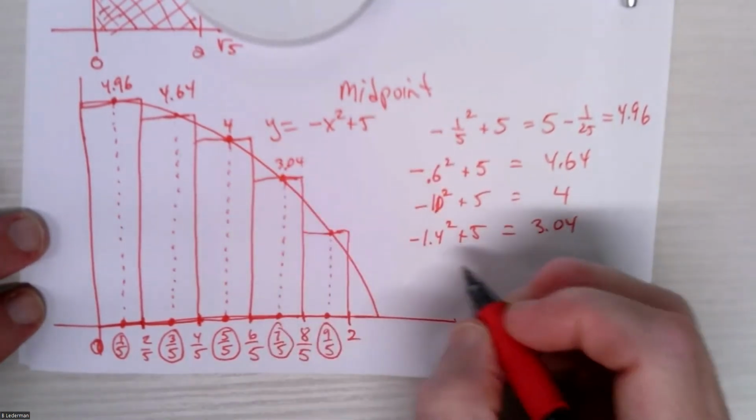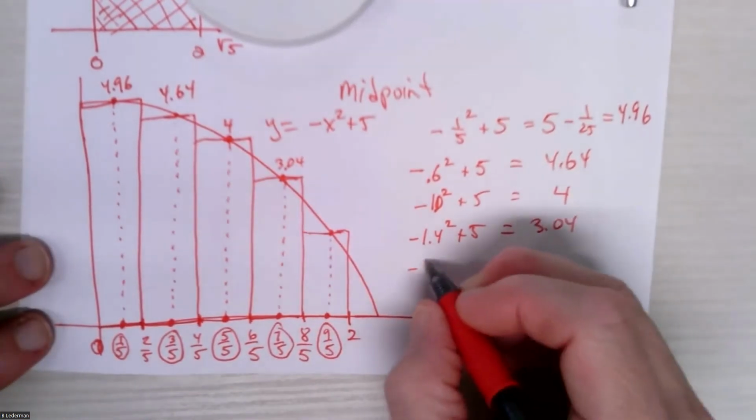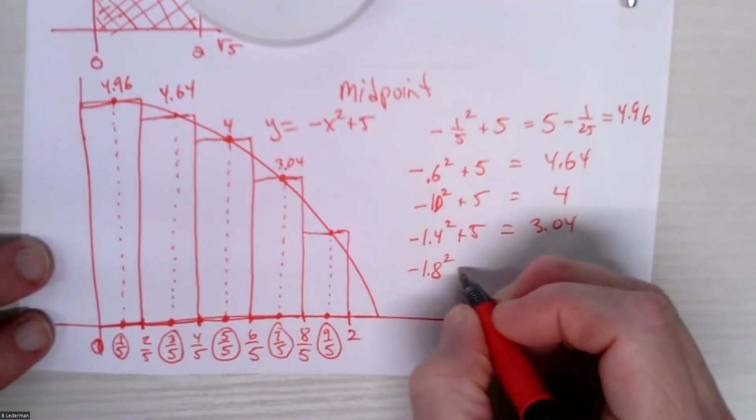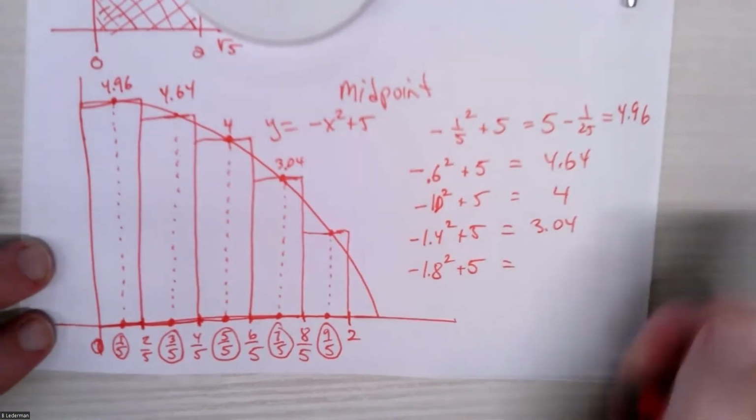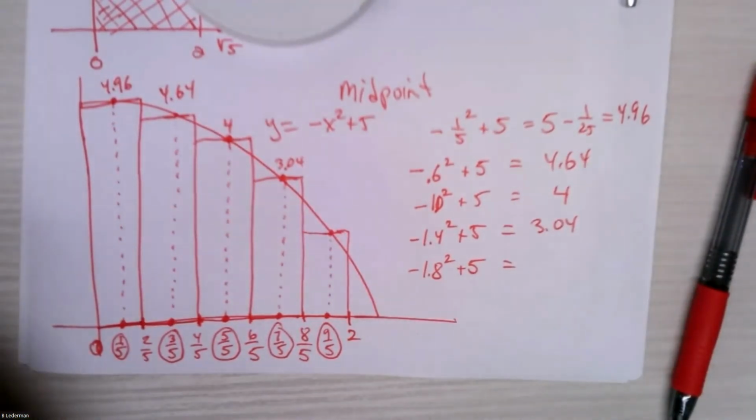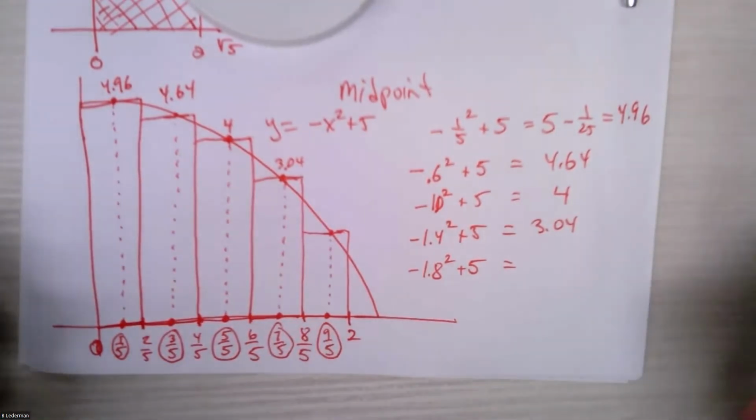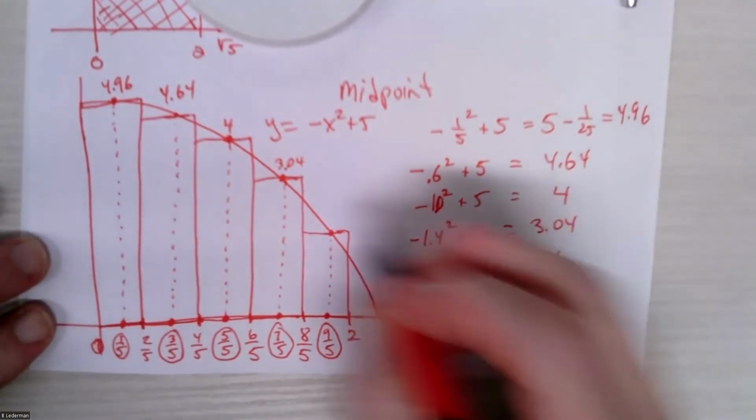And finally, we have 9/5, which is 1.8, negative 1.8. Let me just figure that out on my trusty calculator. That's 1.76.